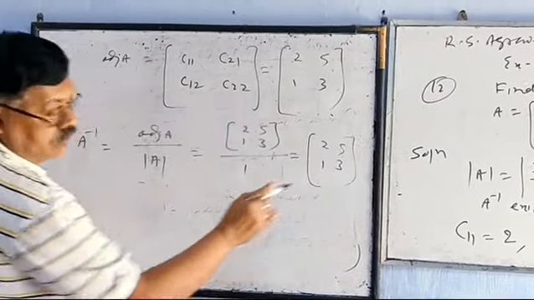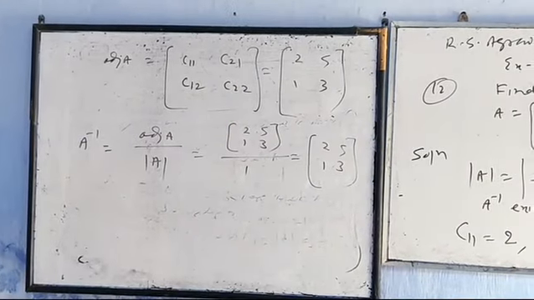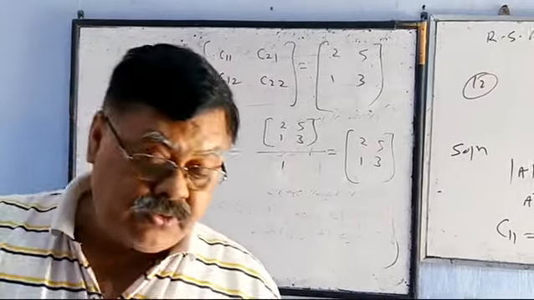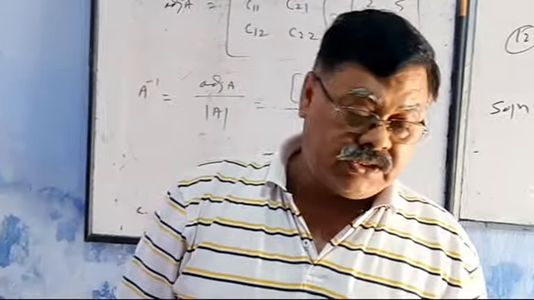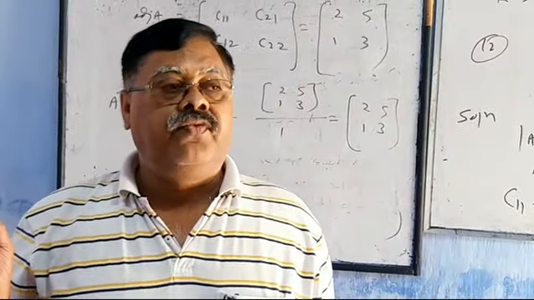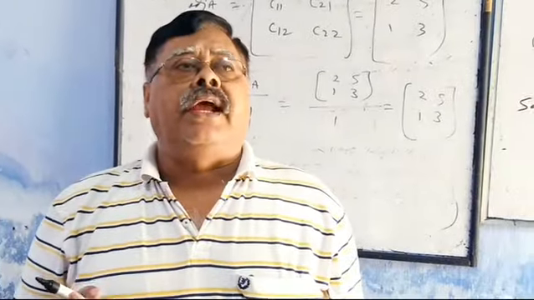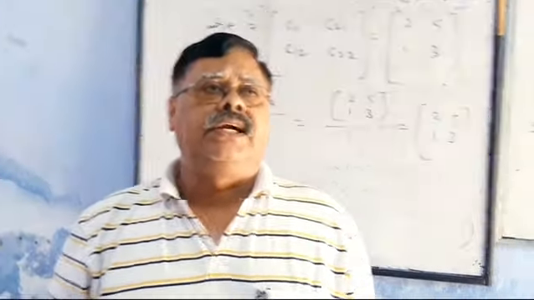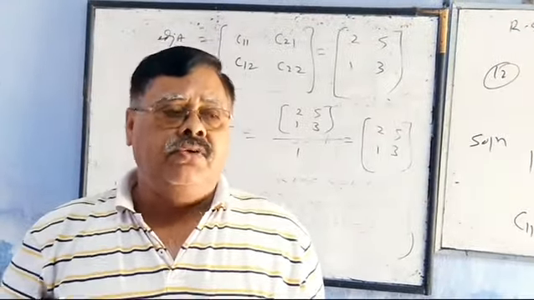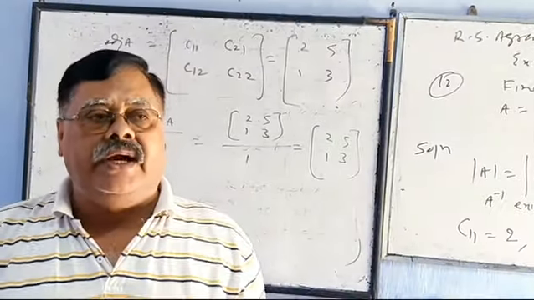It is of order 2. I have taken a very simple example before you to clarify the concept of how to find the inverse matrix. Student, I have given the concept of adjoint and inverse matrix. Only a square matrix has its adjoint and inverse. A singular matrix is a square matrix whose determinant is equal to 0.